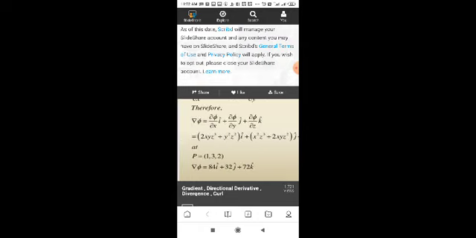This is the value of the gradient of phi. Now we have to find the gradient of phi at the point (1, 3, 2). So x is replaced by 1, y by 3 and z by 2. Putting the value of P(1, 3, 2) in this expression, we get del phi is equal to 84i plus 32j plus 72k. This is the gradient of this function.